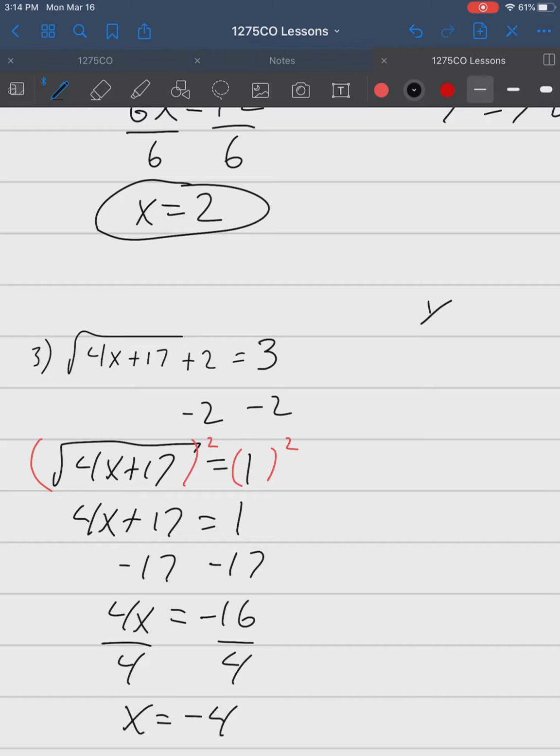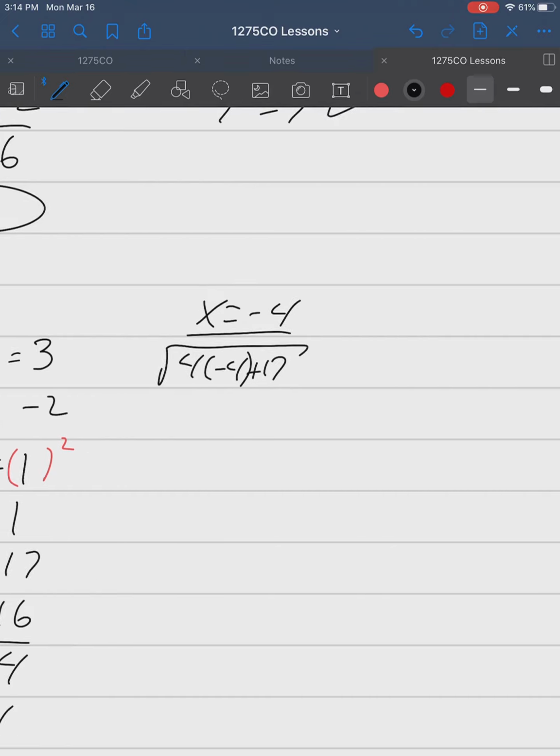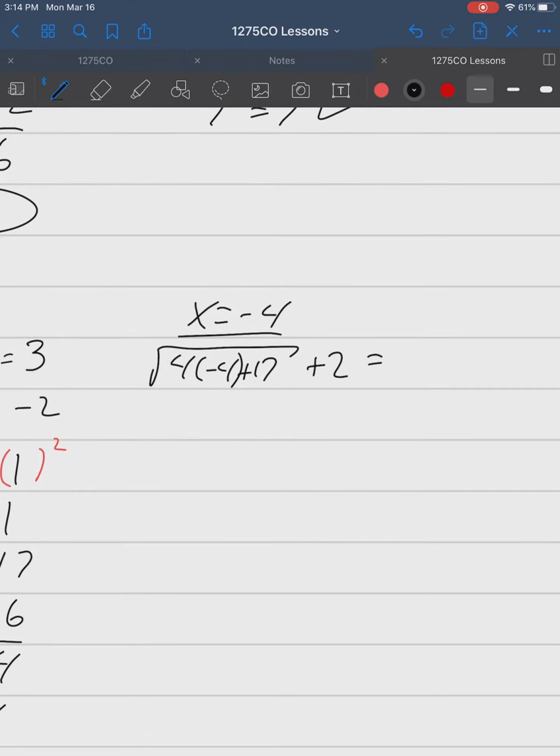Let's check that out. We've got 4 times negative 4 plus 17 inside the radical, plus 2 is equal to 3. So again, we're not subtracting 2 from both sides or anything like that, because this is strict evaluation, not equation solving.